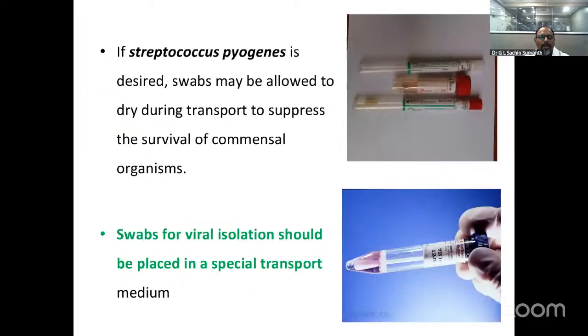If Streptococcus pyogenes is desired, swabs can be allowed to dry during transport to suppress the survival of commensal organisms, and Streptococcus pyogenes can withstand drying and can be cultured from the swab. And swabs for viral isolation should be placed in a special transport medium.